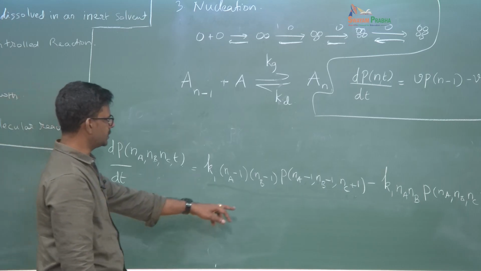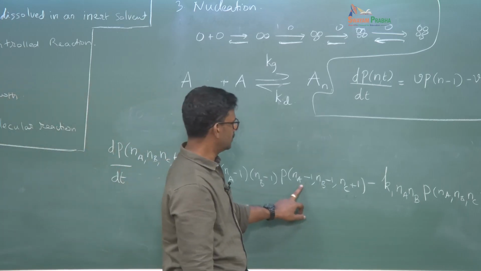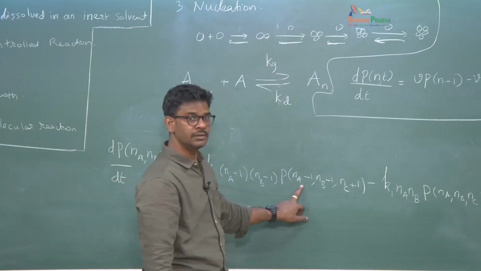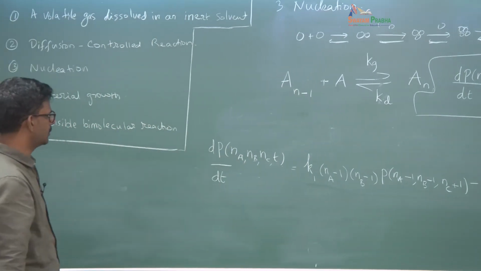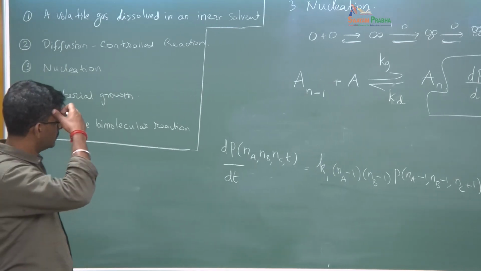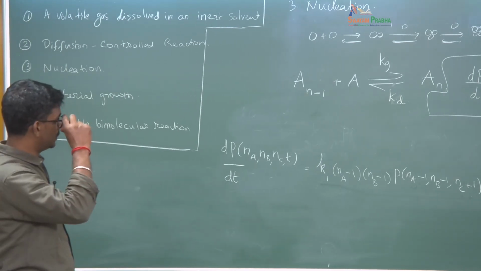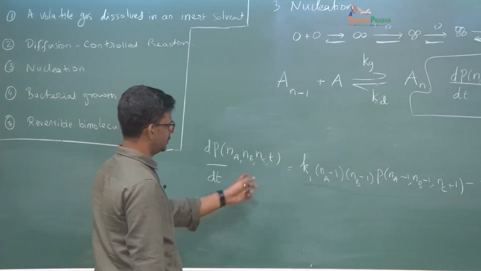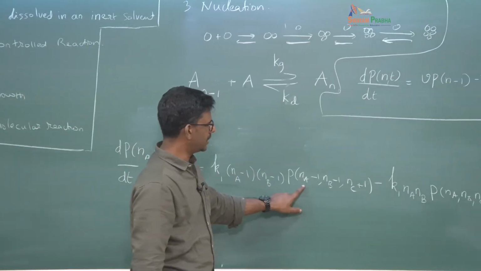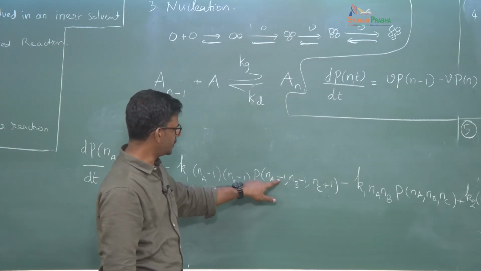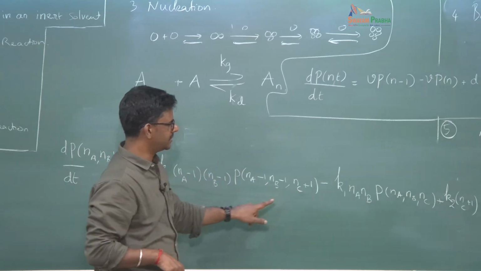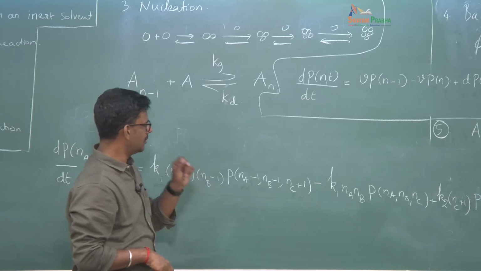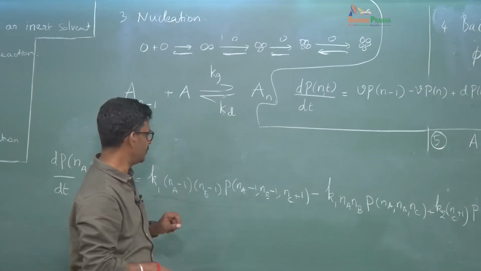Because this forward reaction should take you, no, this is the forward reaction, right. So, right now I am at Na minus 1, Nb minus 1, Nc plus 1. If the forward reaction happens, oh okay, it should be plus 1, right.